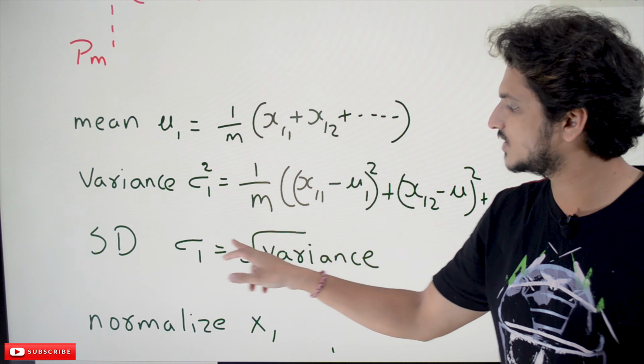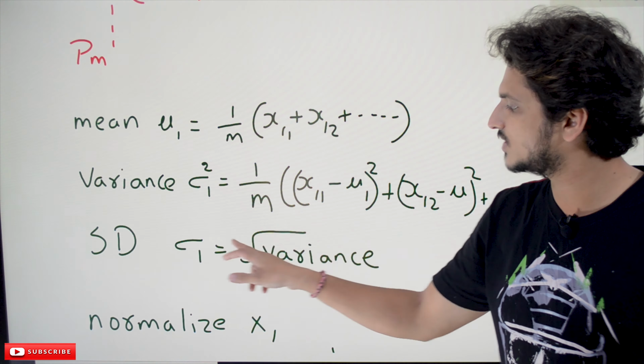So what is the equation for normalizing the data? Take each x1i, each data point in our first column, and normalize it. The normalized data we call z1i. So z1i is equal to x1i minus mu1, subtracting the mean from each data point, divided by the square root of sigma 1 square.